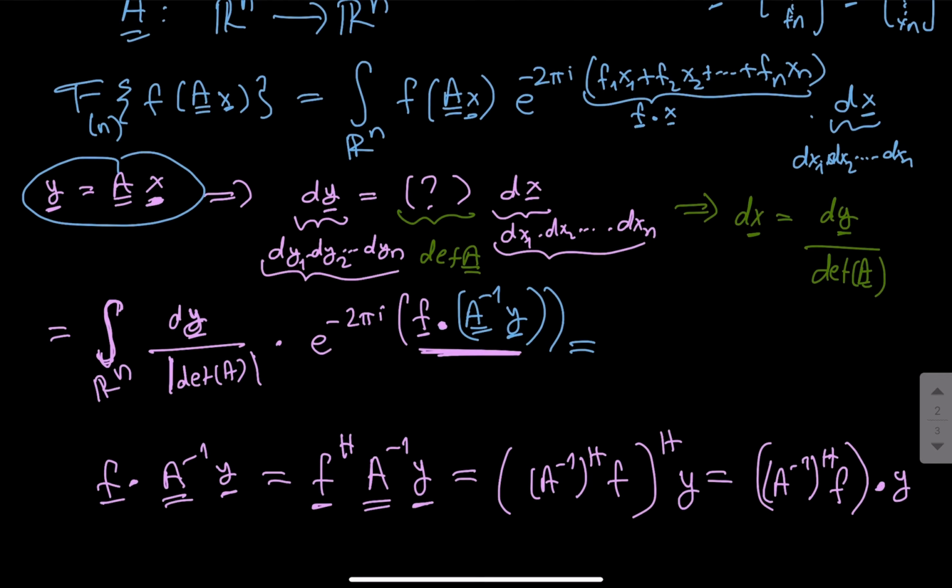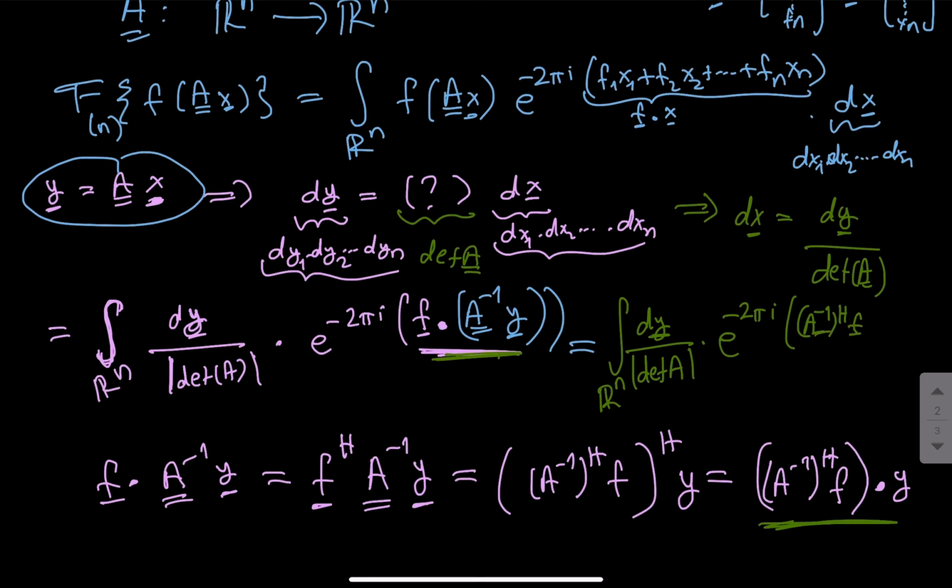So now let's replace this expression with this, and we get the following integral: dy over the absolute value of the determinant of A times e to the minus 2 pi i (A inverse Hermitian times f) dotted with y.